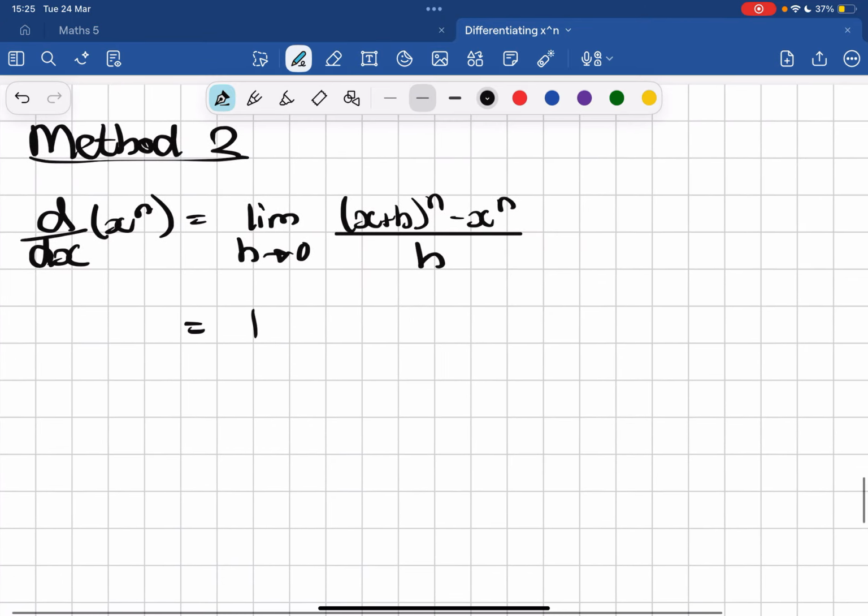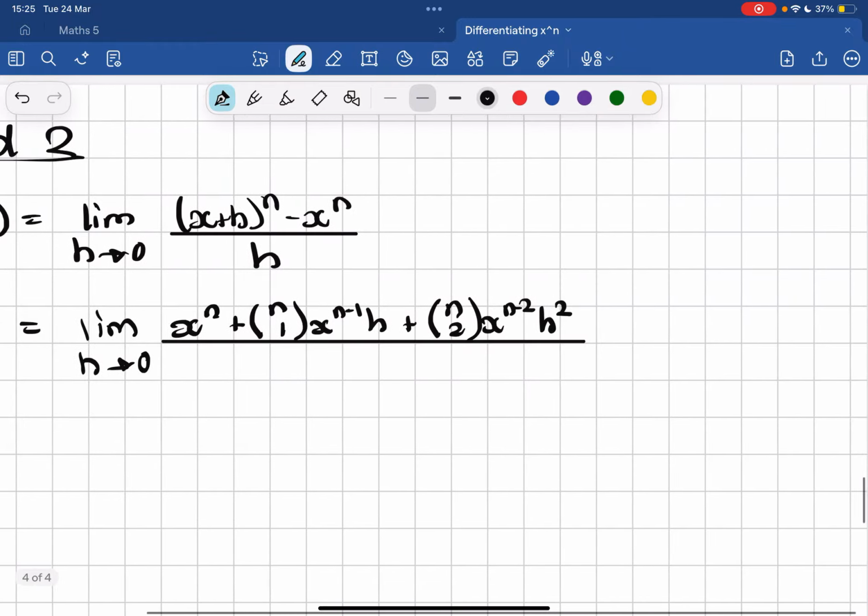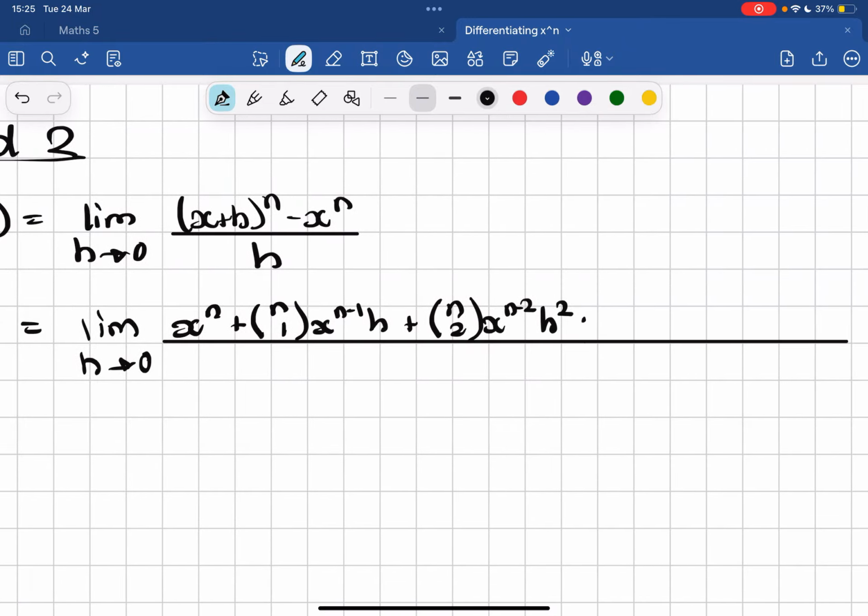So using the binomial expansion, we can expand (x+h)^n. So we have x^n plus n choose 1, x^(n-1) times h, plus n choose 2, x^(n-2) h^2, plus ..., the last term will be h^n, then we're minusing x^n all over h.